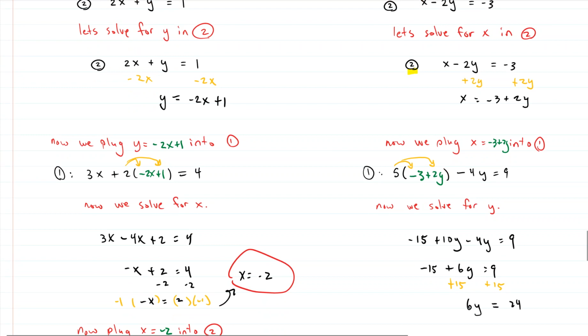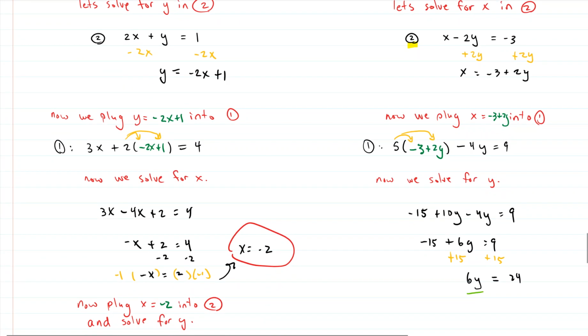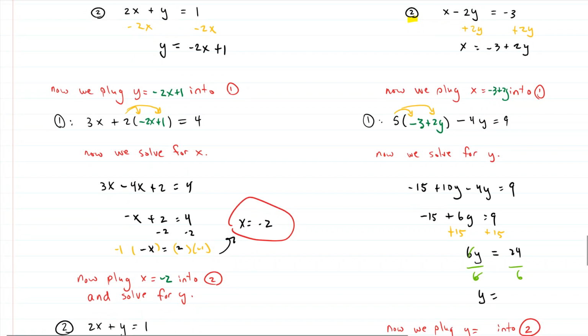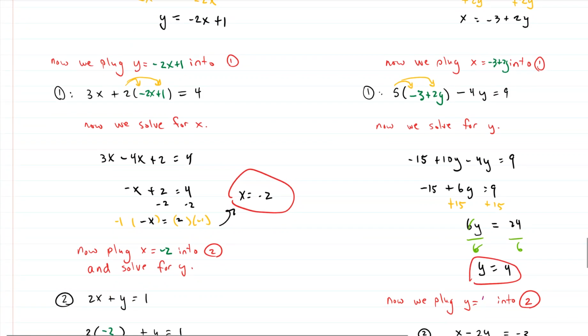One more little step, divide by 6, and we have y equals 4. So that's nice. We have found one of our values. So we have y equals 4.